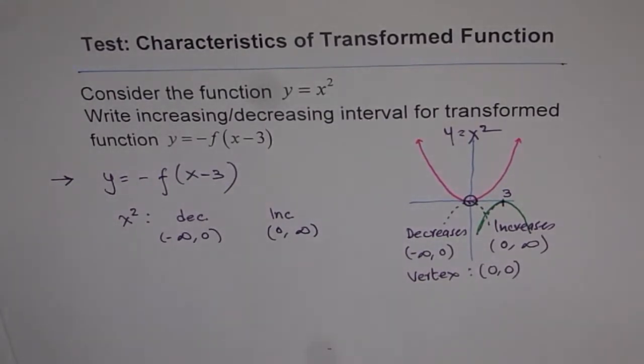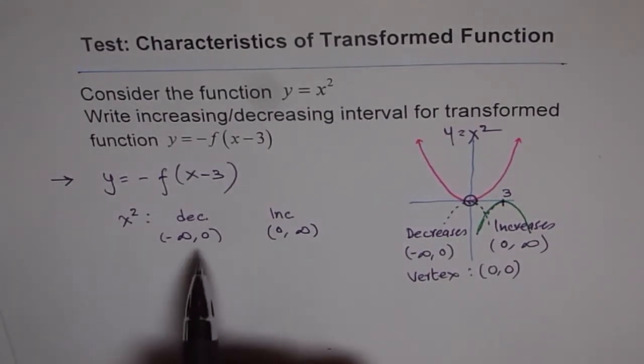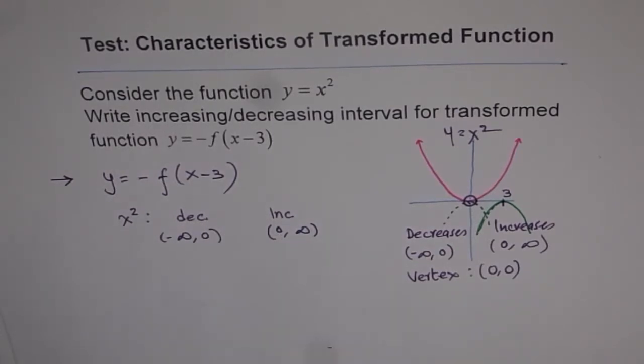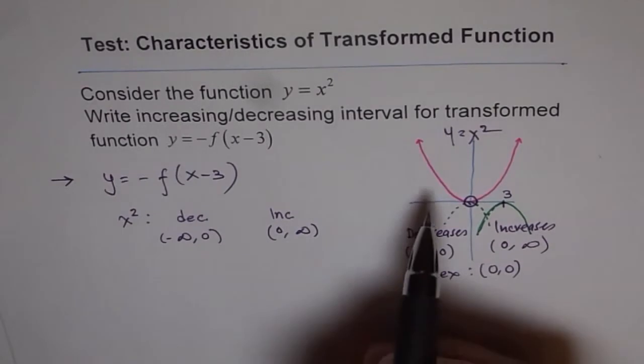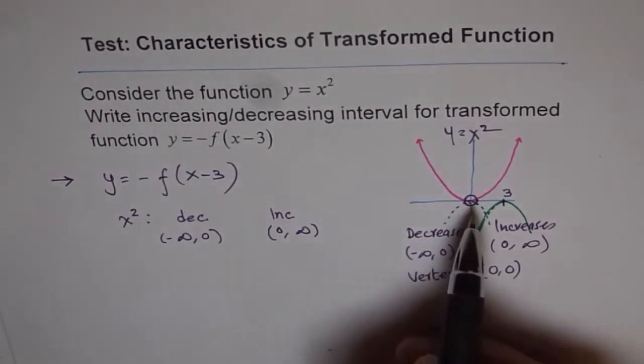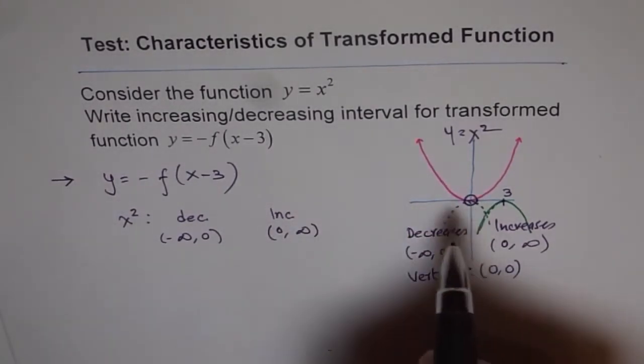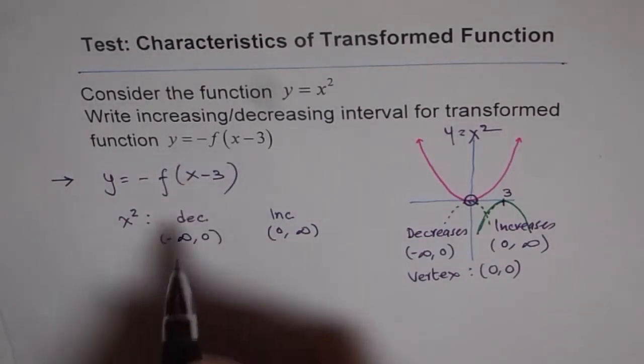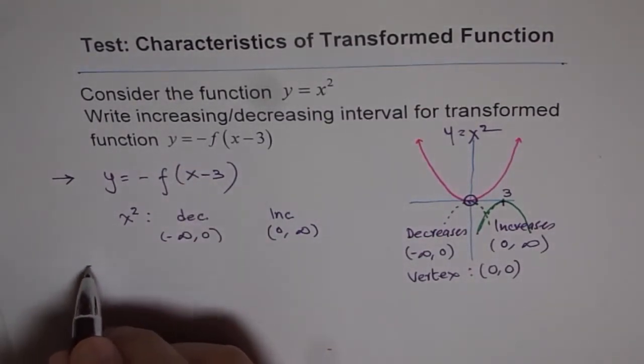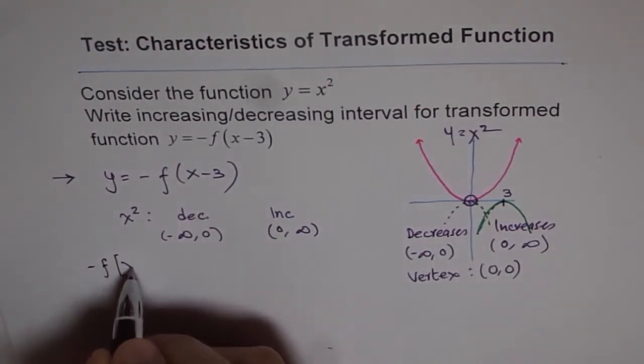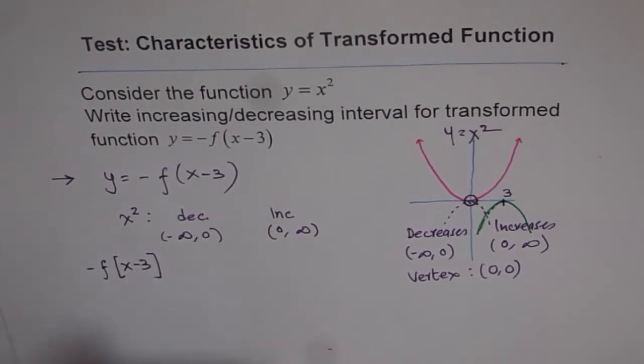Now, the idea is that (0, 0) is the vertex, correct? So we get two things here. One is the direction, second is the point. Now how will this point (0, 0) get transformed in our transformed function, minus f of x minus 3, right? That is the function.